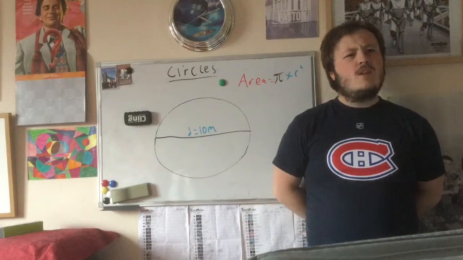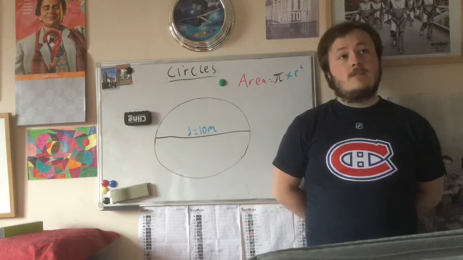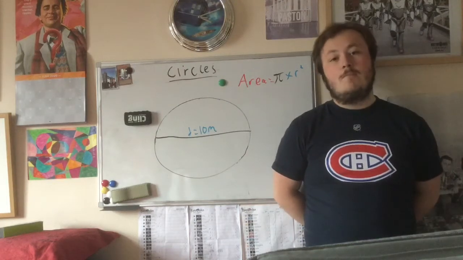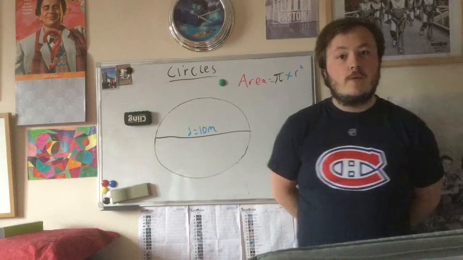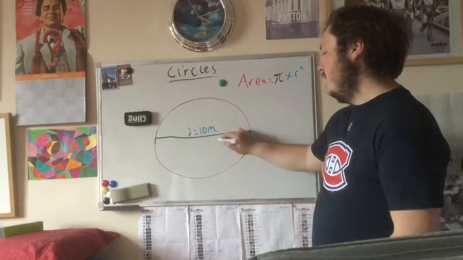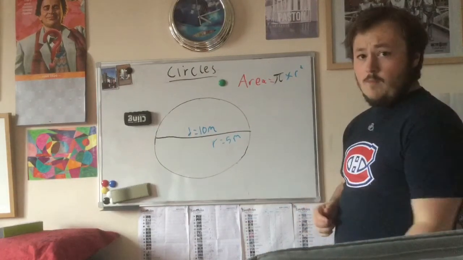But what about ones where we don't know the radius to find the area? Well, in this question, there's a bit of a benefit because we have the diameter, which is 10 metres. So all we have to do is halve that diameter to find our radius. So our radius is 5 metres. Then we can carry on with what we were doing.